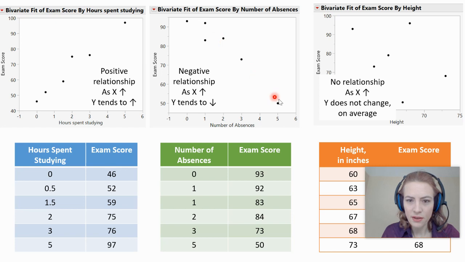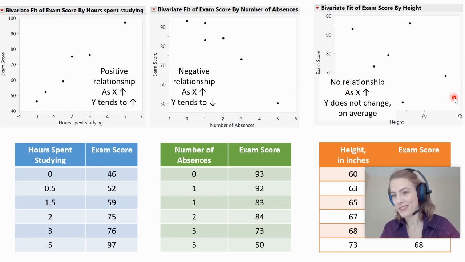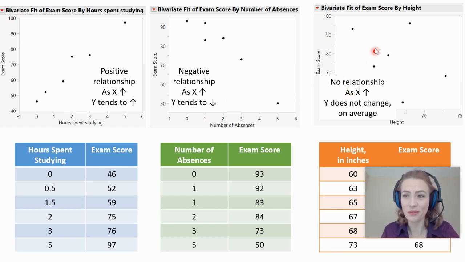Whereas if the linear trend slants downward, that is, as X increases, Y decreases, we would say that that's a negative relationship. And then if as X increases, Y doesn't really tend to go up or down, just a lot of scatter that's evenly distributed across, then we'd say that there's no relationship.